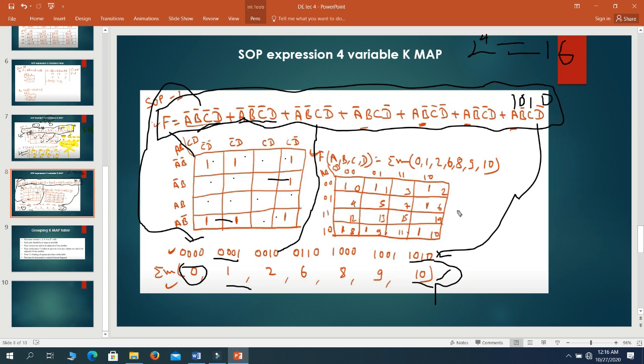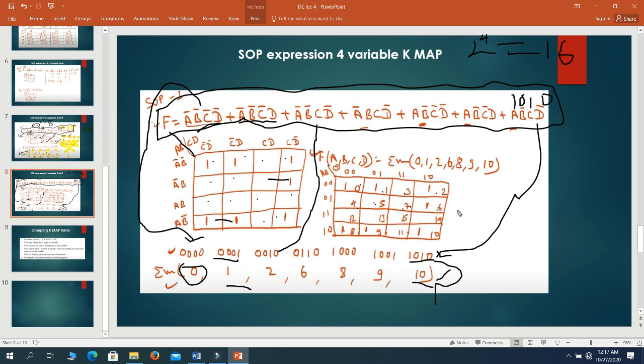After this we have to write down the cell values, or you can say cell positions. This is 0th cell, this is first cell, then this is second cell, and then third cell, fourth cell, fifth, and then this is sixth, and in between we have seventh.